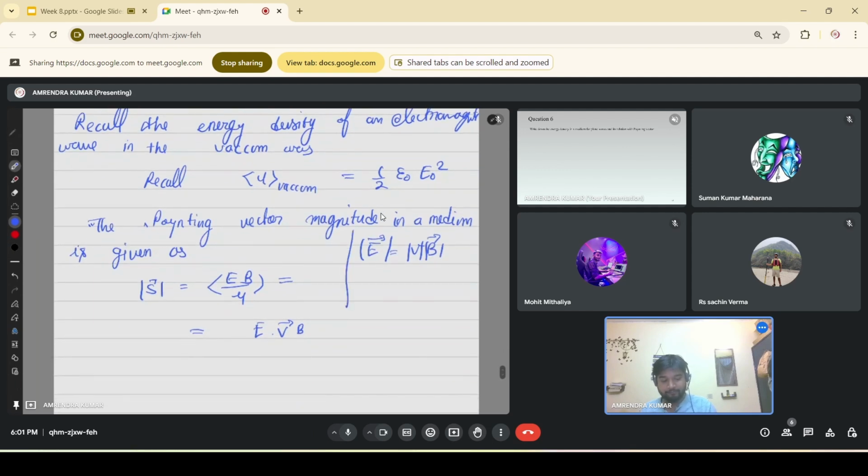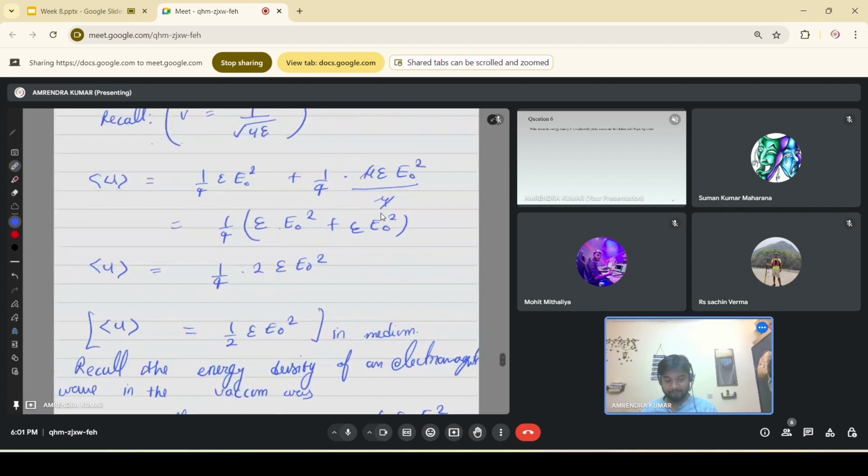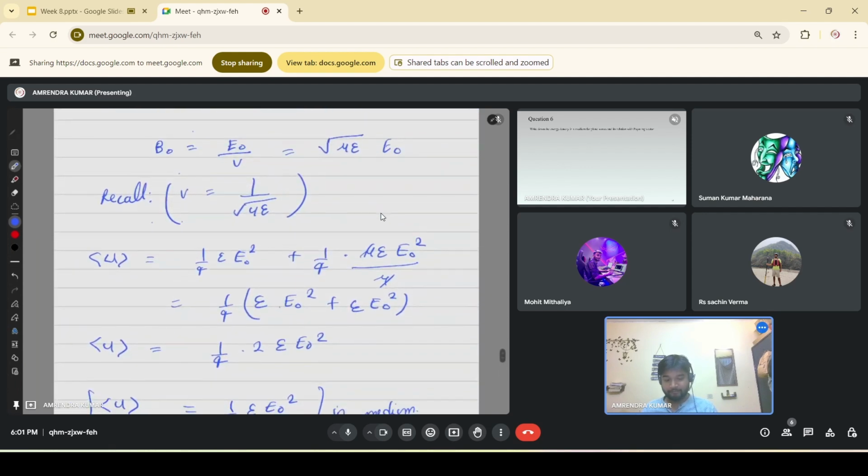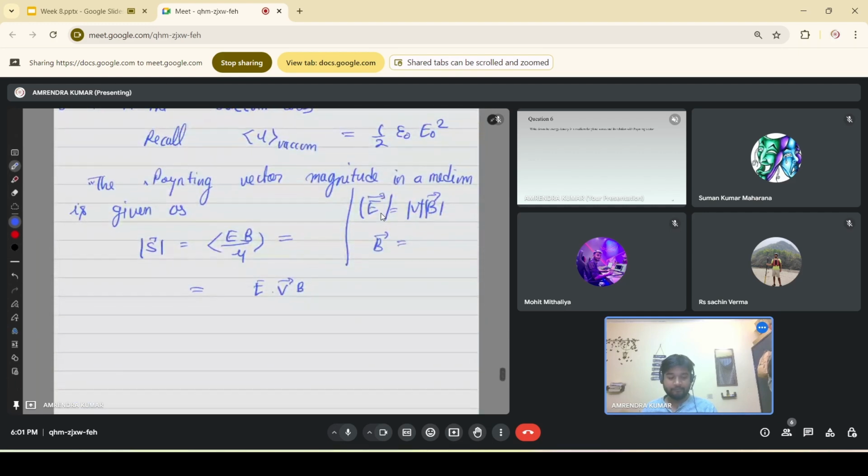We have two things. V is equal to, so X. We have used it earlier, right? So we have used this again. So we can write it like this. So V on E and mu.